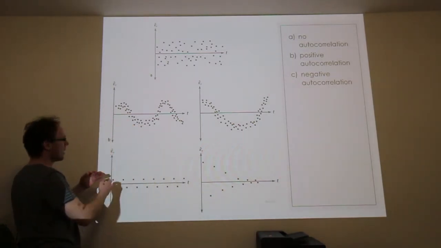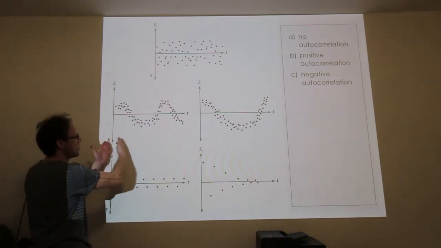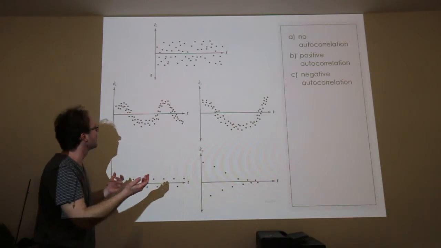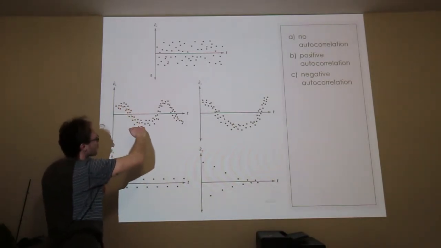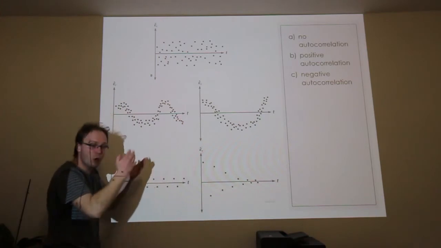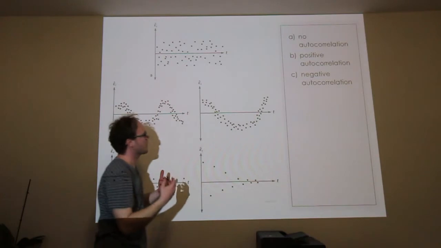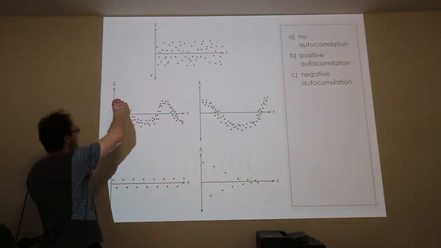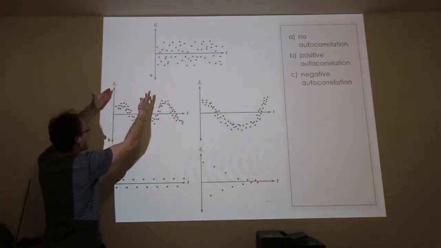We can compare this graph with situation B, which is written here in the middle. The values contain a system. As you can see, there is a system present. We can see a lot of values with positive sign.